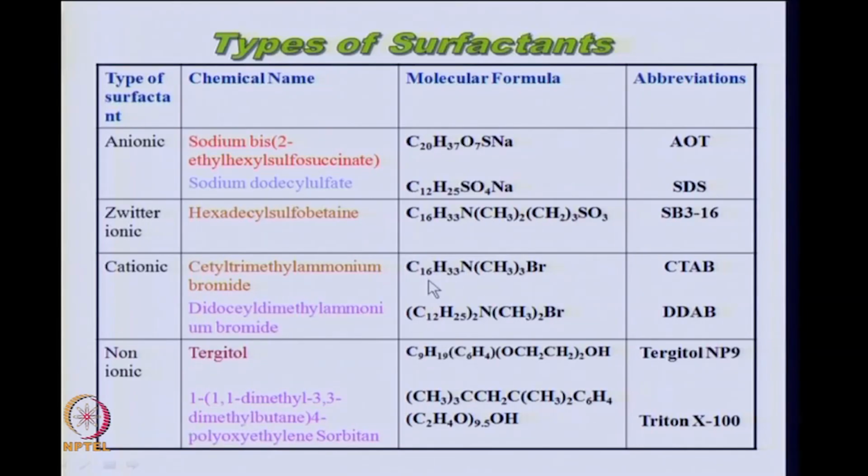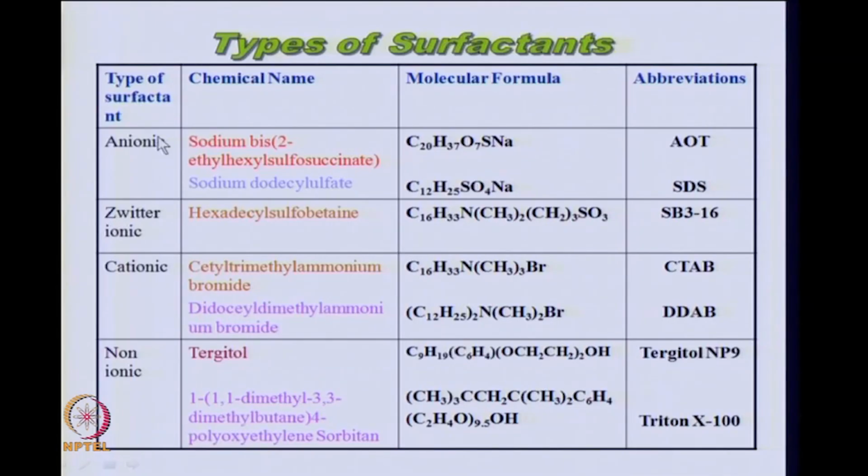You can see that is a cetyl due to the 16 carbon chain, and you have a trimethyl group and you have a bromide. So, once you dissolve this in aqueous medium, the bromide ion will ionize and the remaining one positive charge will be on this nitrogen. So, you will have a cationic surfactant. So, CTAB is a cationic surfactant. Similarly, you can have DDAB, where you have a 12 carbon chain, again a bromide. So, there will be a positive ion on the nitrogen when this molecule dissociates in water.